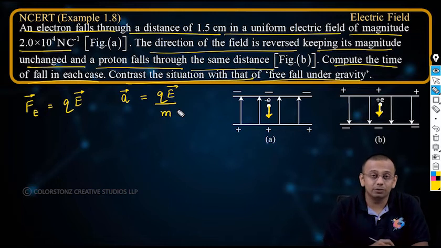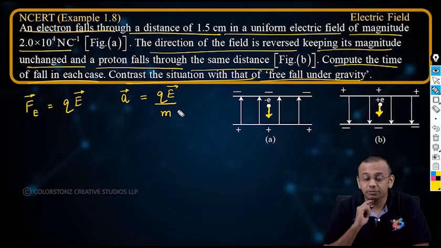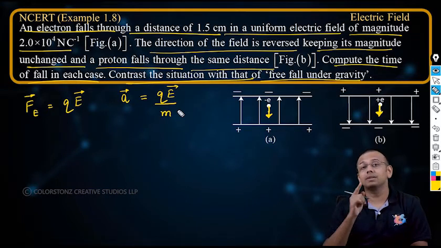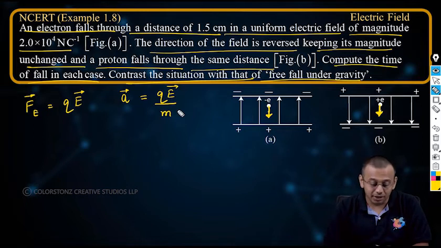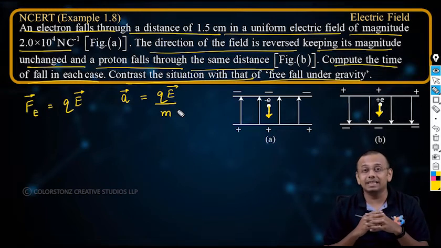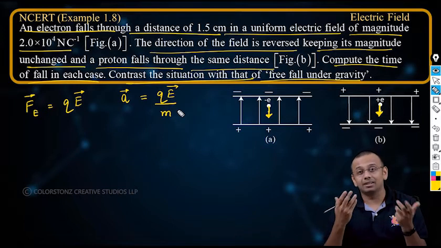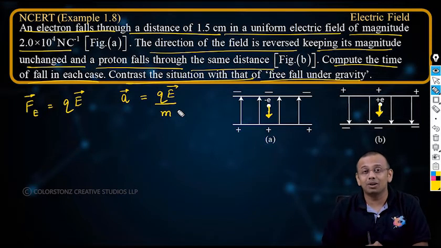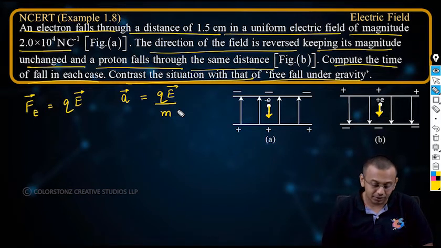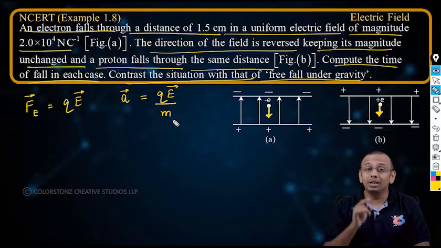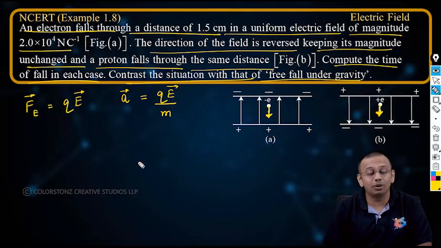Unlike gravitational force, it is dependent on the charge. But acceleration is dependent on the mass. In case of gravity, the force is mg and the mass is m, so the m gets cancelled out and the acceleration is always g, the same for both the cases. Whereas in this case, the acceleration will be inversely dependent on the mass.